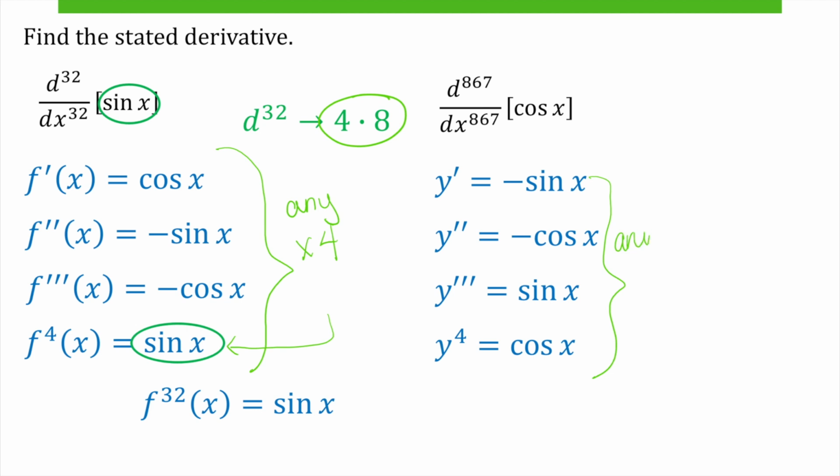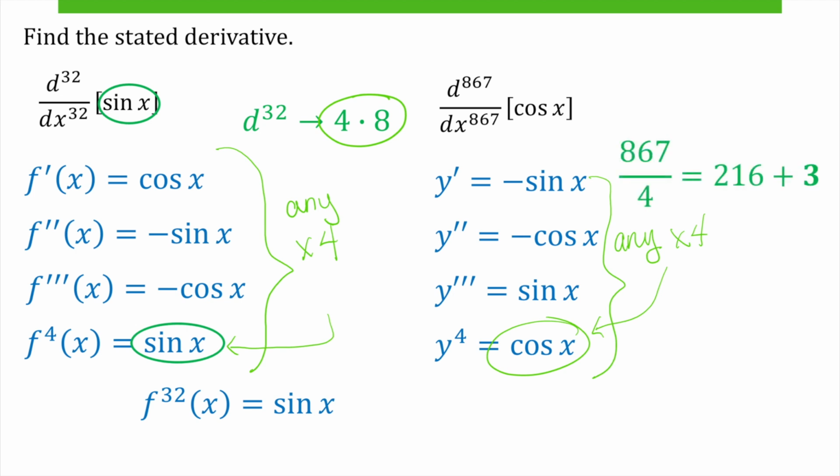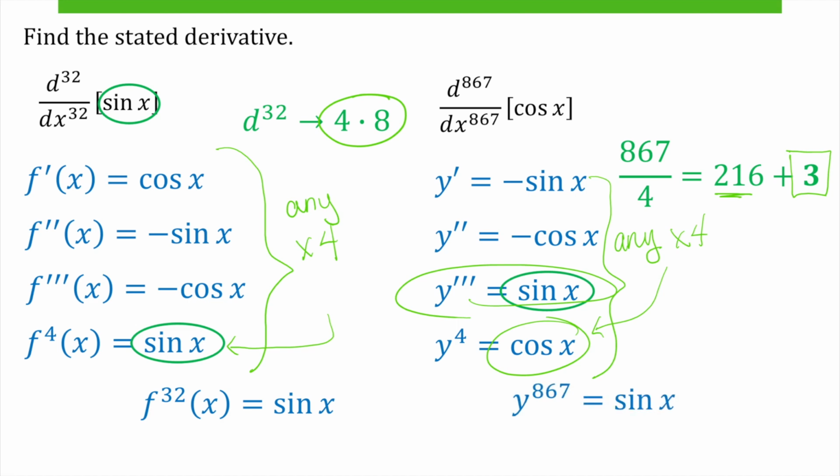So any multiple of 4 gives us the original function again. So 867, if you divide that by 4, it doesn't go in evenly. It goes in 216 times with a remainder of 3. So that means the 867th derivative of cosine x is the same as the third derivative, which is sine x.